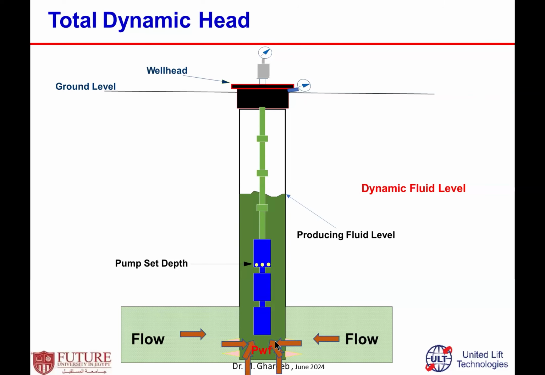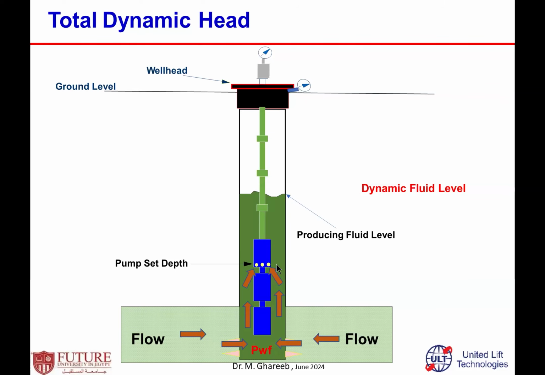This flow goes up to the pump depth, to the pump intake, and enters the pump through the intake. The pressure at this intake is called the pump intake pressure.